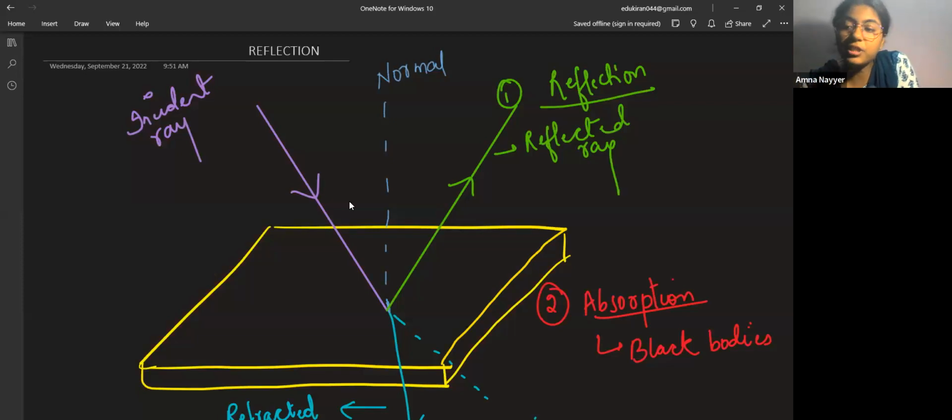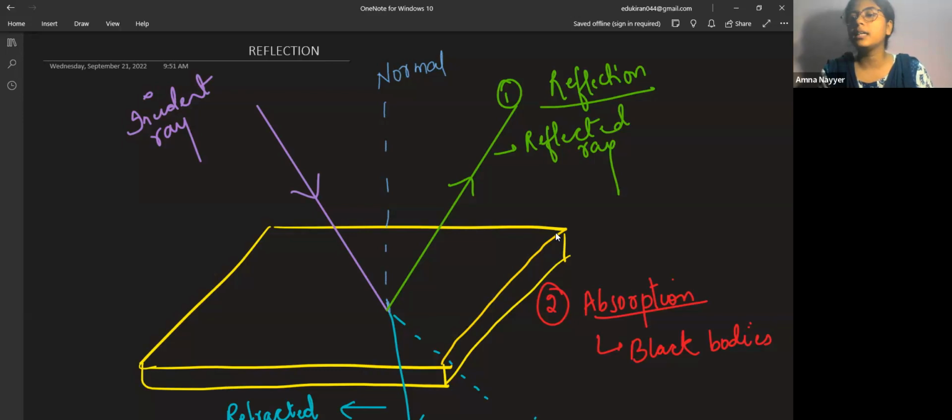Now, at which angle should it bounce back? In which plane should it move? All these things we'll discuss in the laws of reflection. Second, it can also happen that when the incident ray strikes the object, it is completely absorbed by the object. That second process is known as absorption. The bodies which completely absorb rays of light, we call black bodies.